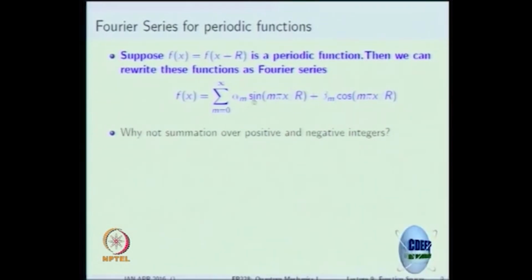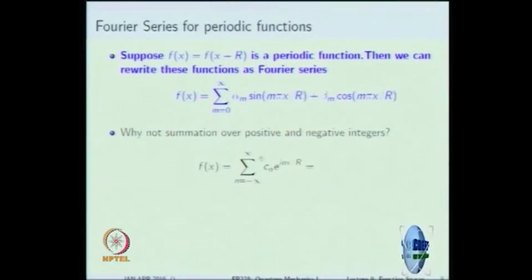Here I have taken the basis functions as sine functions and cos functions with this m, actually there should be a 2 here, and m is going over positive values. Why positive? Why can't we have negative also? It doesn't really matter for the sine and cos functions, but you could equivalently write this in a different way. What is the equivalent way?